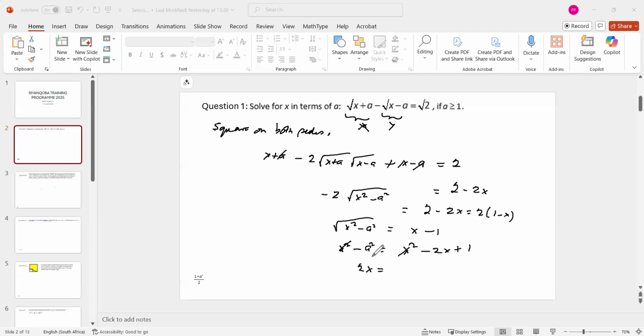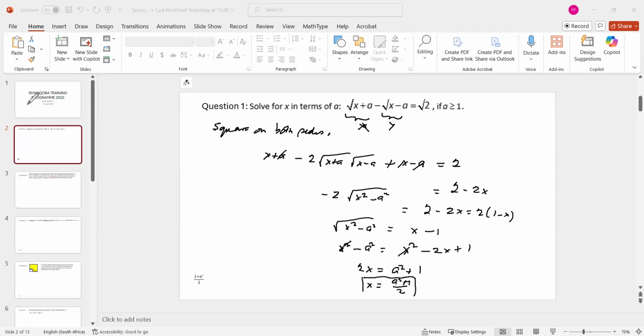And then the a squared, I can bring it on this side. I have a squared plus 1. And x is a squared plus 1 over 2. Okay? So that's the answer to this question.